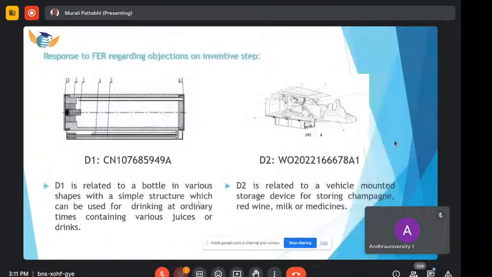If you try to analyze, as per D1, it is a bottle in various shapes with a simple structure which can be used for drinking at ordinary times, containing various juices or drinks. It is not preparing any juice, but you can have more than one kind of juice in that bottle and drink whatever juice you want.